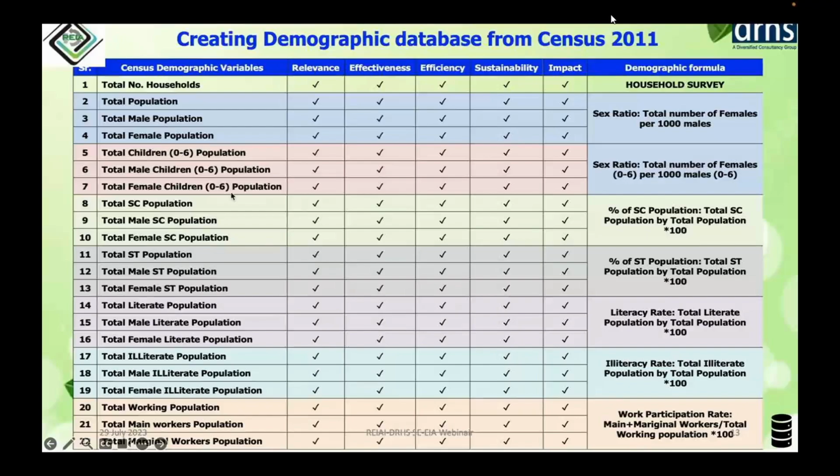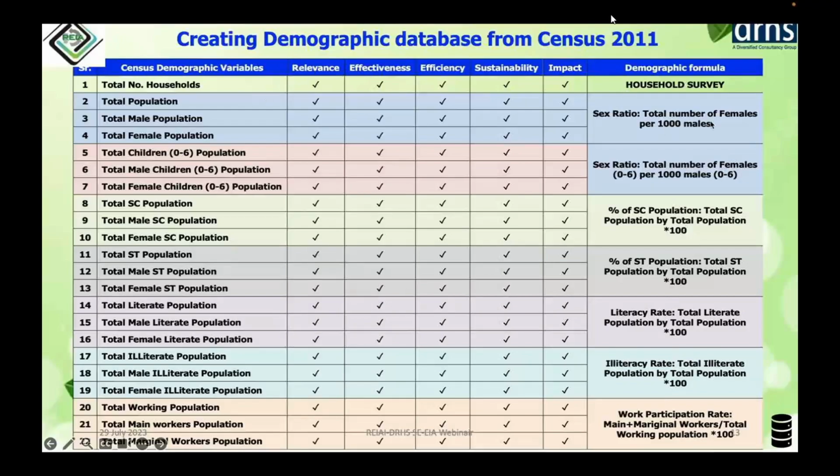Sustainability means these data I am going to get in each and every census report, whether it is 2001, 1991, or 2011, or in coming 2021. These data are very constant, and you can do the household survey, and you can fetch the information from census.